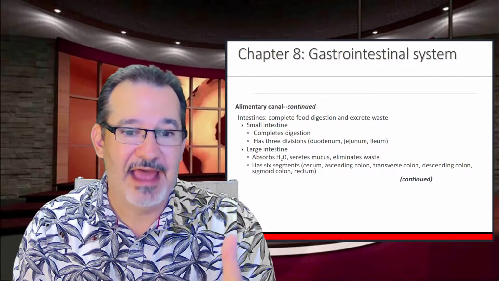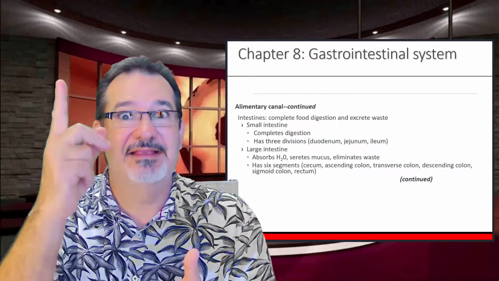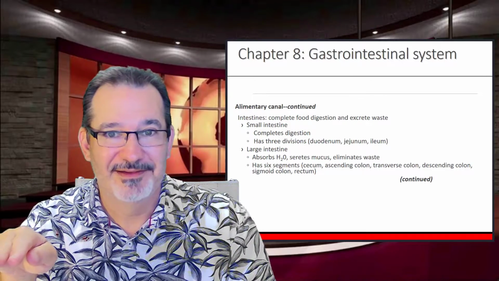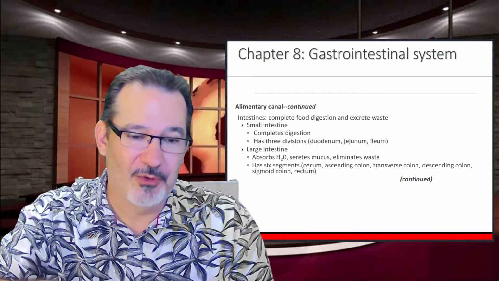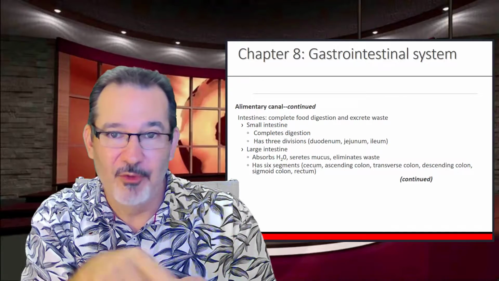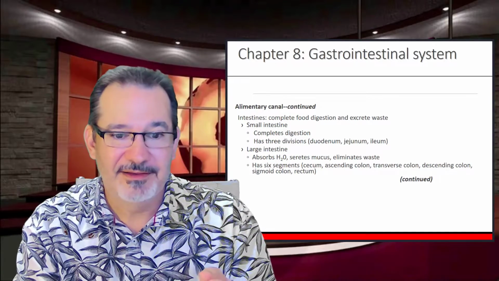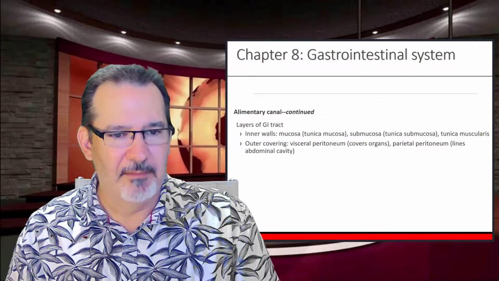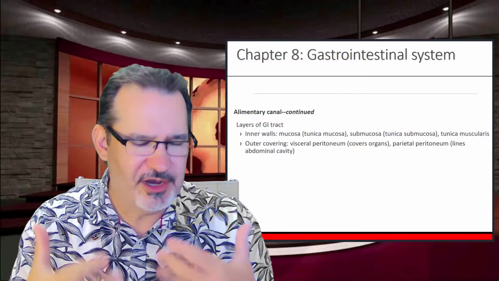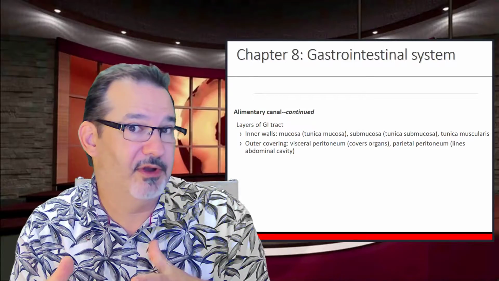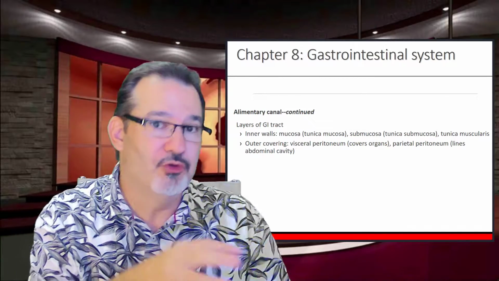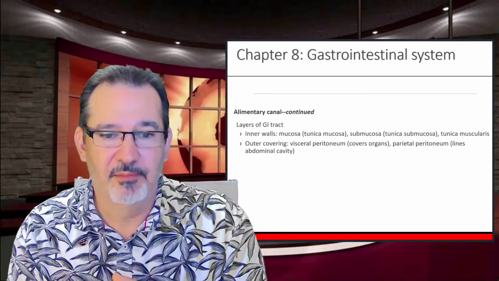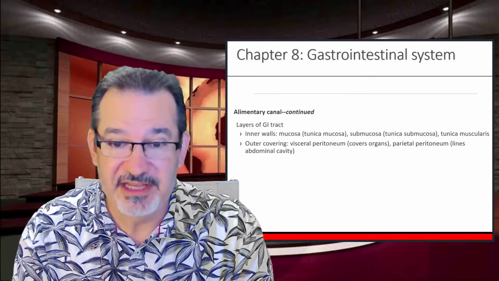Okay, so CAT: cecum, ascending colon, transverse colon, descending colon, sigmoid colon, and then the rectum. Okay. Layers of the GI tract, because the GI tract does have inner and outer layers. The inner layers are the mucosa, and then the outer layers are the visceral and the parietal peritoneum.